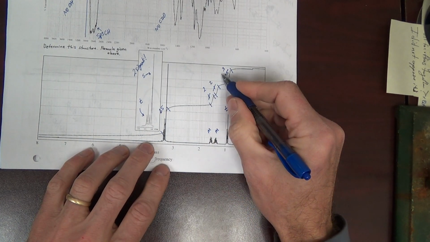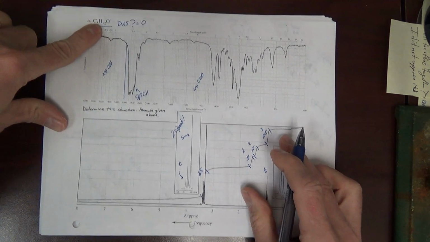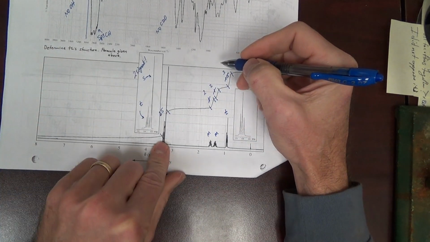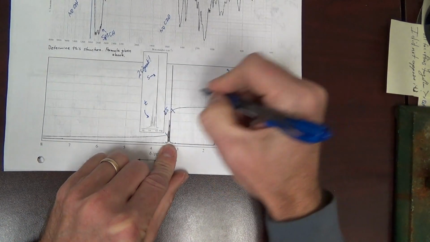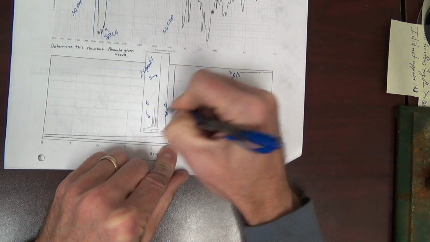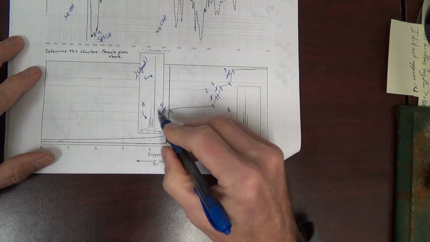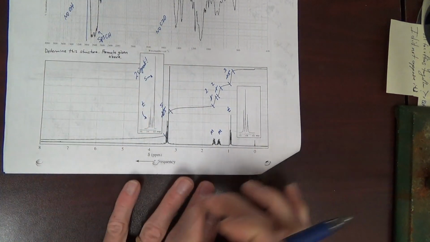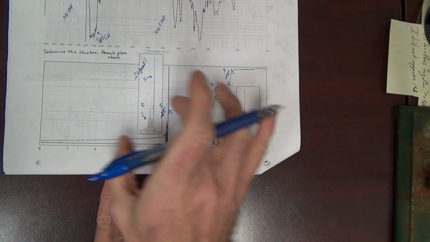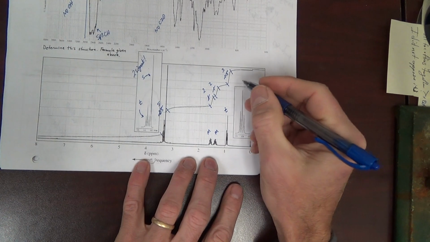For a total of 7. But we have 12 total, so if this is 7, that means the remainder would be 5. And indeed, if we multiply everything by 2, it comes out to 7 and 5, 12 protons. Now all these 12 protons should give signals, and basically they should integrate for 12 protons. So I'm confident that that's my integration.